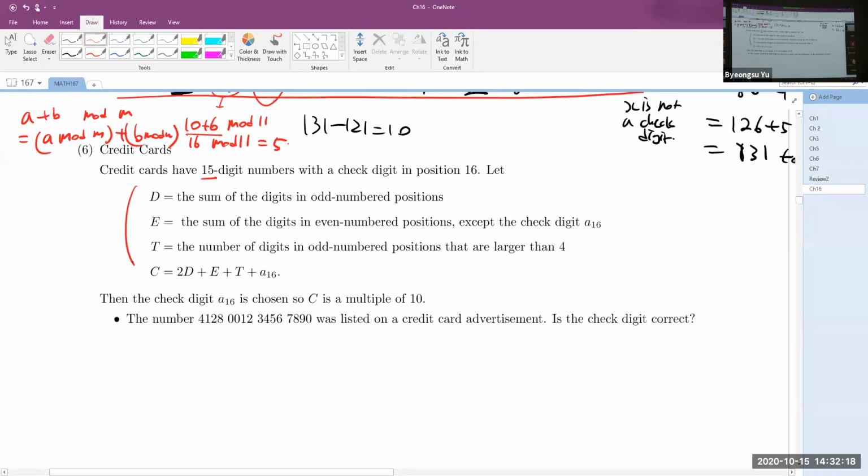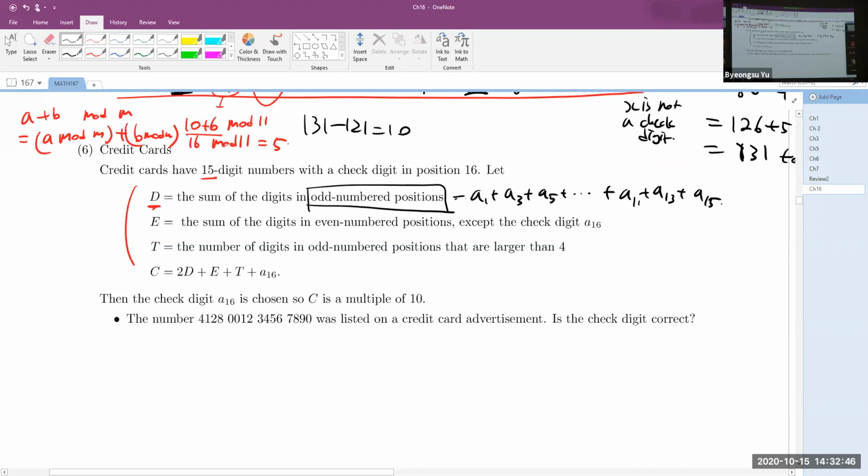To check whether your credit card has a valid number or not, first of all, you need to get D, which is the sum of the digits in odd number positions, right? So it is A1 plus A3 plus A5 plus and so on, A11 plus A13 plus A15.